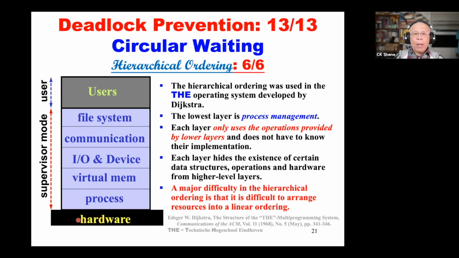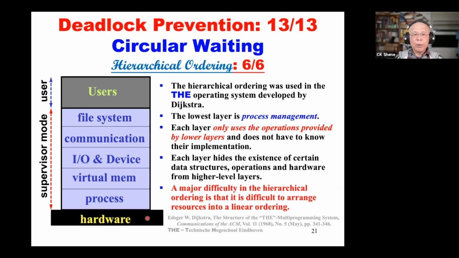Dijkstra proposed that the operating system is divided into layers, or we could use level, that's no big deal. So we have hardware as the lowest layer. Each layer on top of a layer abstracts away something built on top of its lower layer.